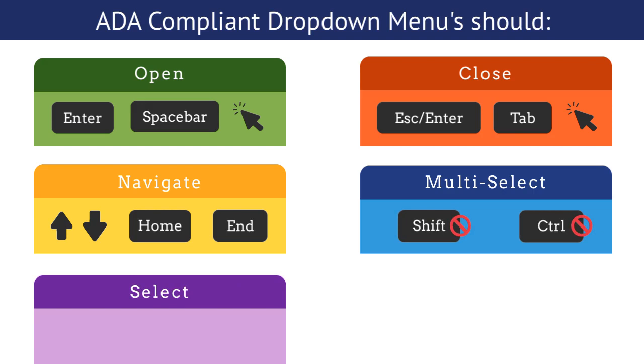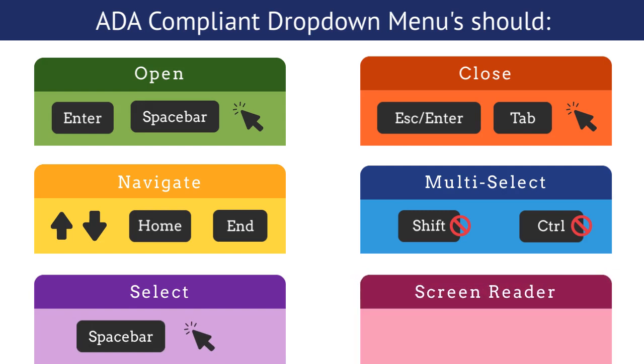Fifth, selections should be done using the spacebar key or by clicking on it. Sixth, a screen reader should read the current state, whether an option is selected or not selected, and the option number within the list. Now let's jump into our code and develop ADA compliant drop-down menus.